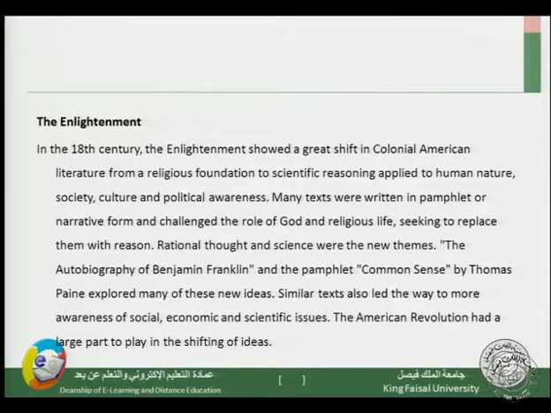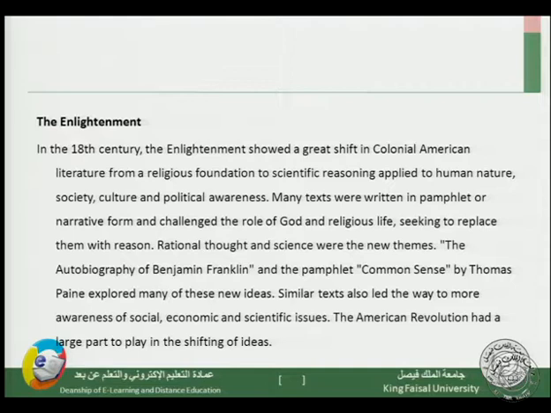The autobiography, okay, this is important, the autobiography of Benjamin Franklin as an example of the Enlightenment movement, and the pamphlet Common Sense by Thomas Paine explored many of these new ideas. These are important examples to be remembered, please. Okay, the autobiography, Benjamin Franklin wrote about himself, about his own personal life.